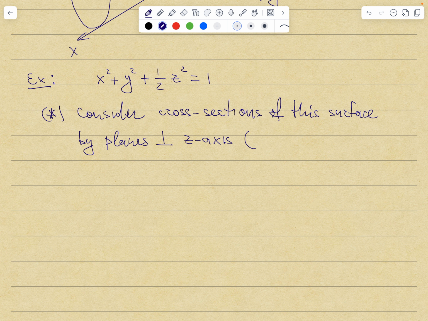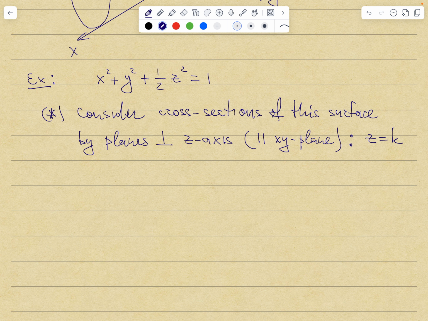Planes perpendicular to the z-axis are parallel to the xy plane. So a plane parallel to the xy plane will have z constant on that plane. So z is equal to some k.